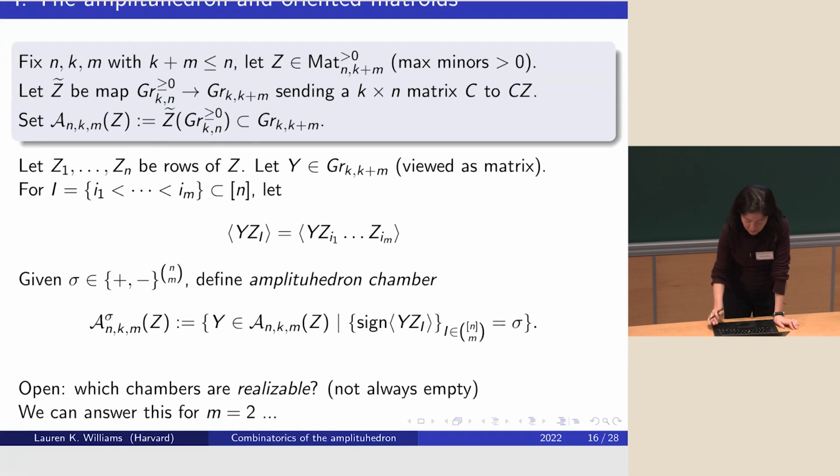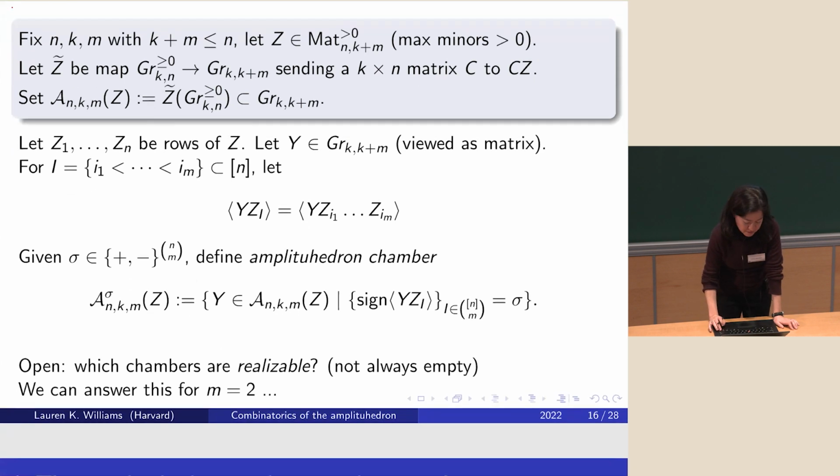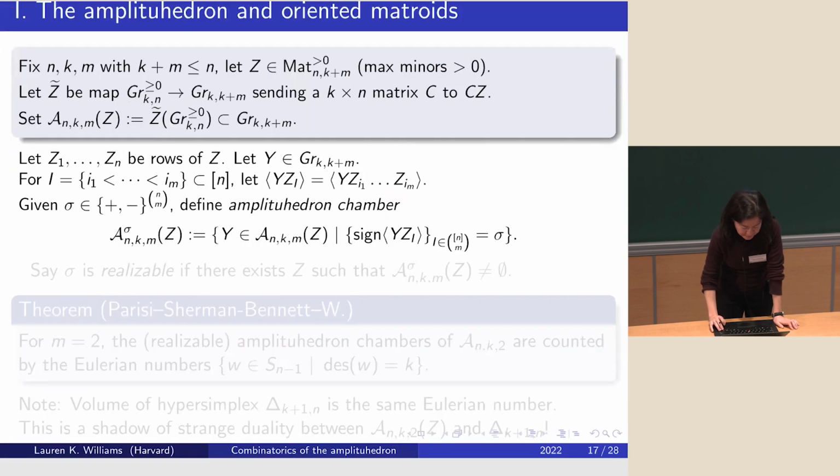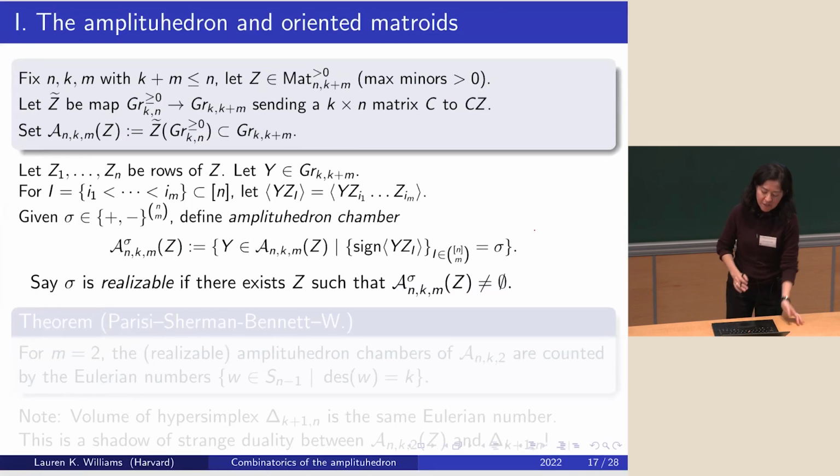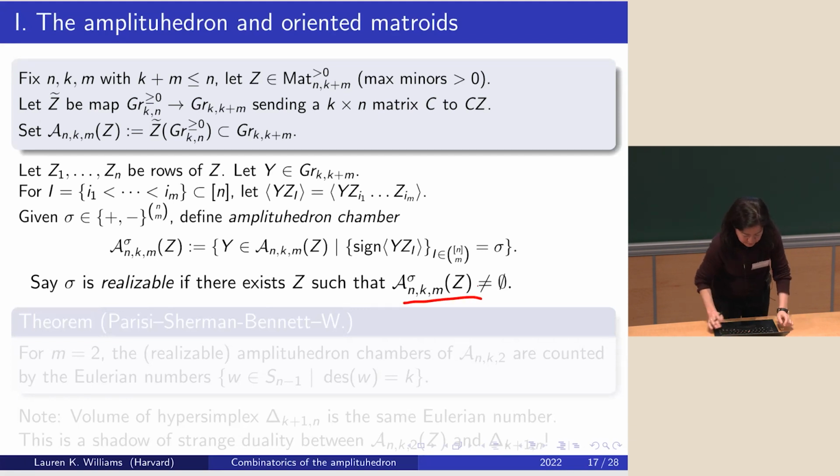However, we know everything when m is 2, and also when m is 1. I'll tell you what that is because it has a nice connection to combinatorics. So this is our definition of amplituhedron chamber, and we'll say that a sign vector sigma is realizable if there's a Z such that the corresponding sign chamber is non-empty.